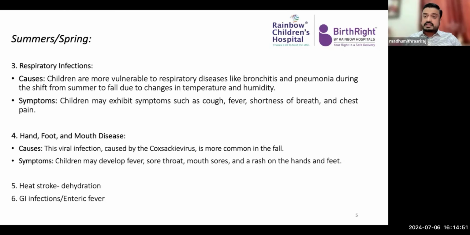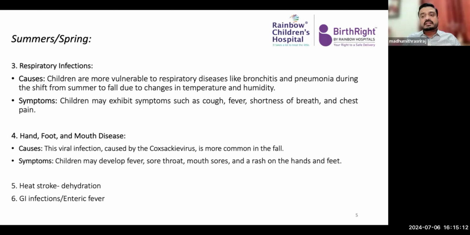Okay, so a few respiratory infections are common during summer seasons. The children who are basically allergic are the ones who come with respiratory difficulties. A few viruses are common during summers, like rhinovirus and adenovirus.